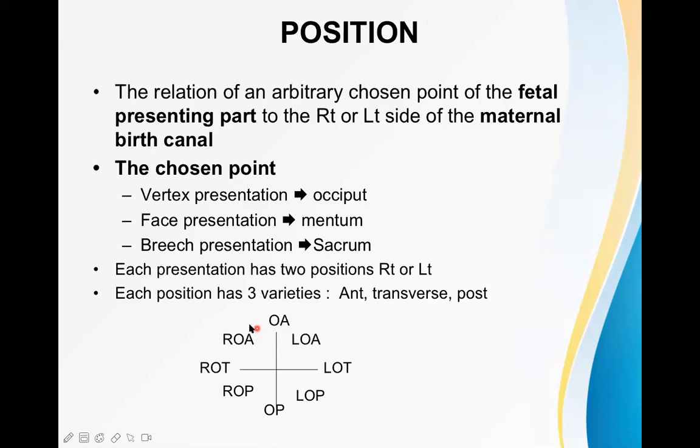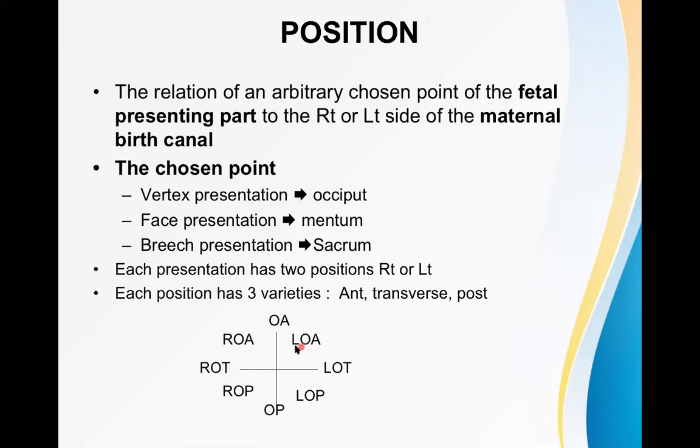On this side is the right side, this is the left side. This is neither right nor left, this is the midline. If occiput is facing anteriorly, this is occiput anterior, and this is occiput posterior. Quite easy. This is left occiput anterior.